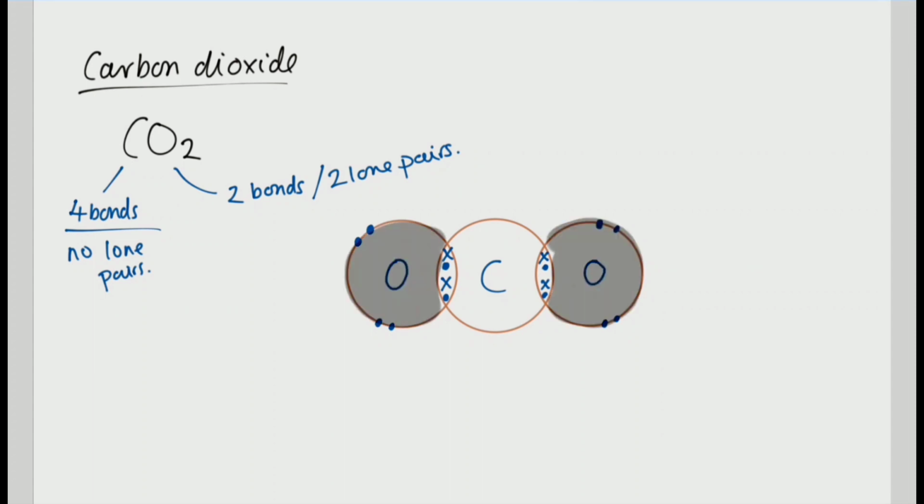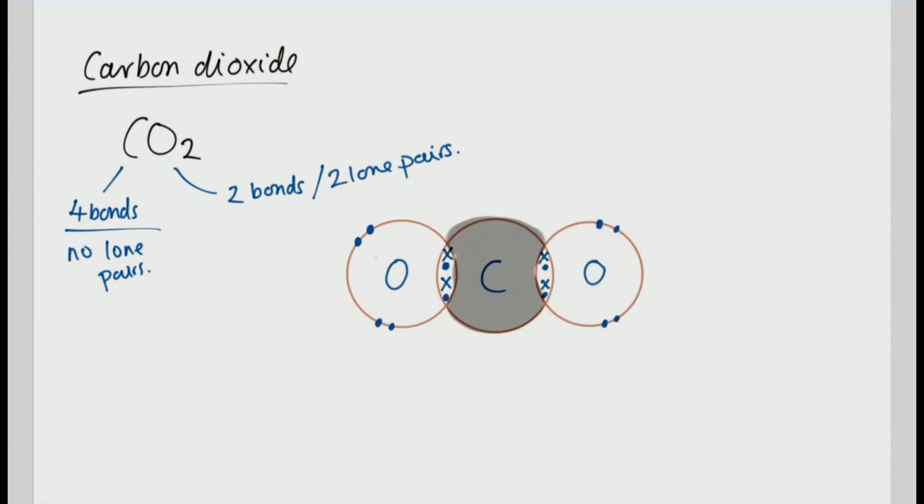Now the next step is to count if each atom has a full outer energy level. So this carbon has 1, 2, 3, 4, 5, 6, 7, 8 electrons in its outer energy level, so it feels as if it's got a full outer shell, so it's stable. And now let's do the same for the oxygen atoms.